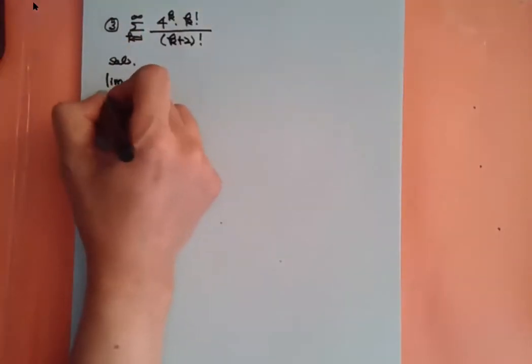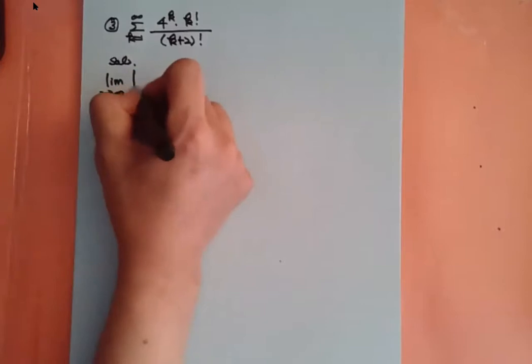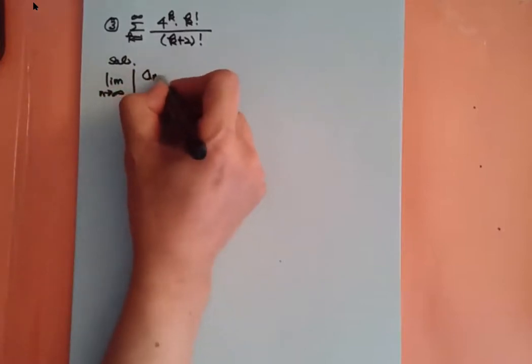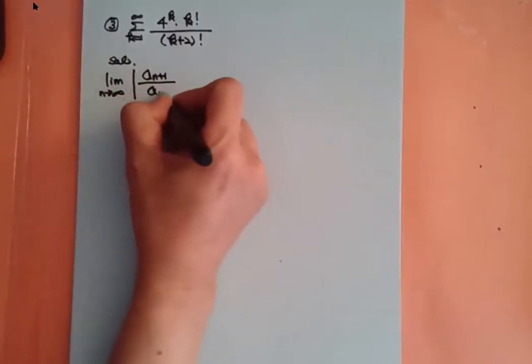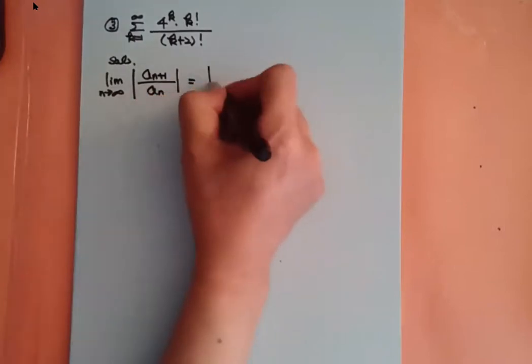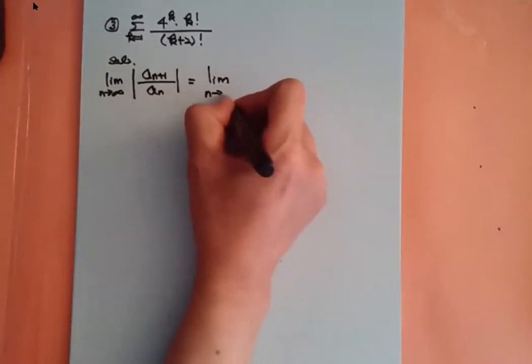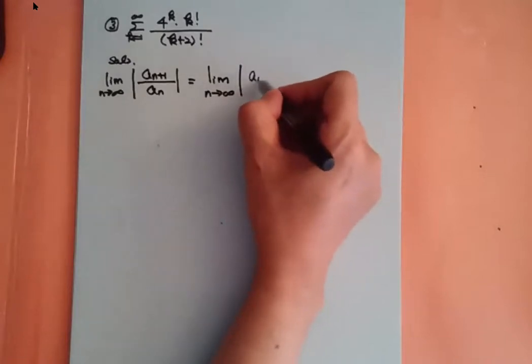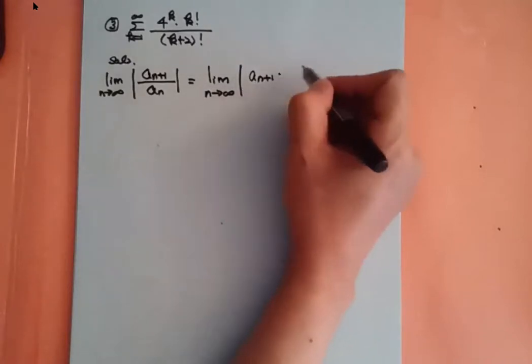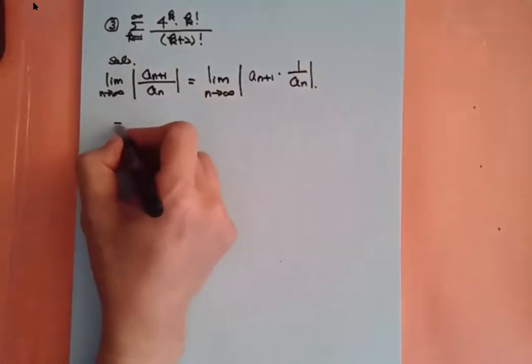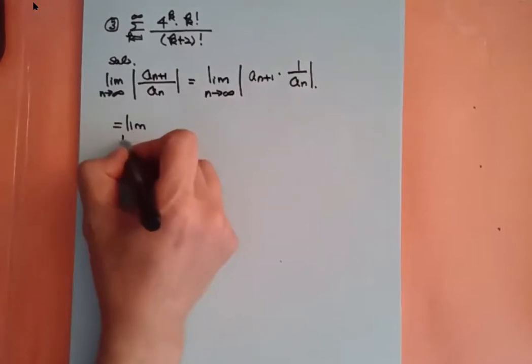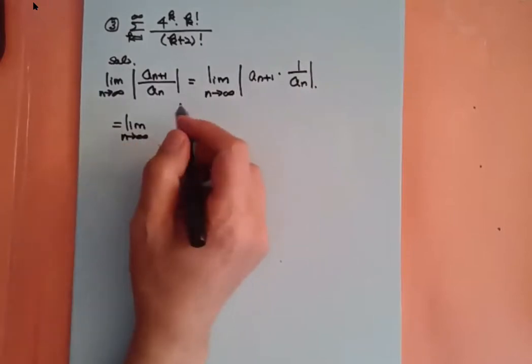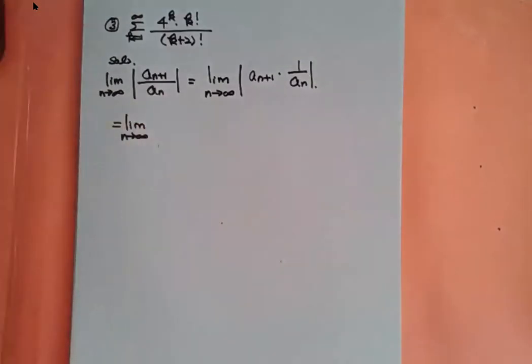Limit as n goes to infinity of the absolute value of a_(n+1) over a_n. Again, we split the fraction into a_(n+1) times 1 over a_n. We can forget the absolute value because k starts from 1.